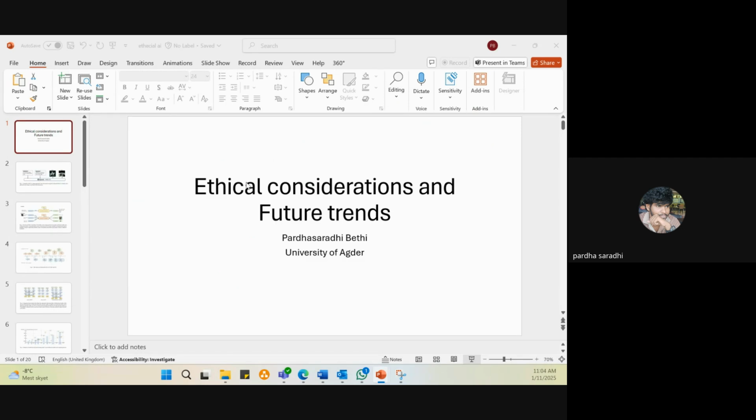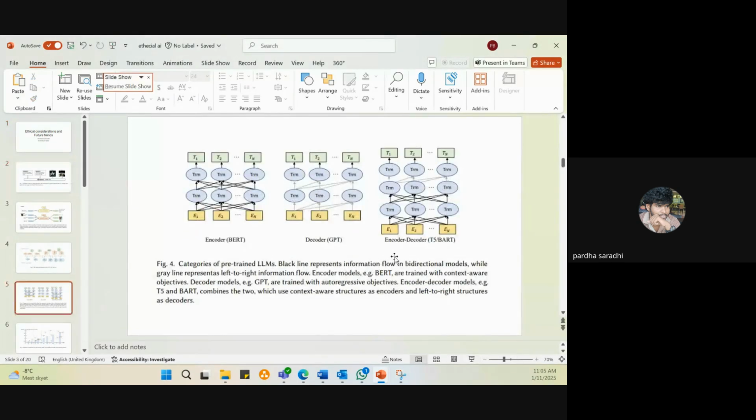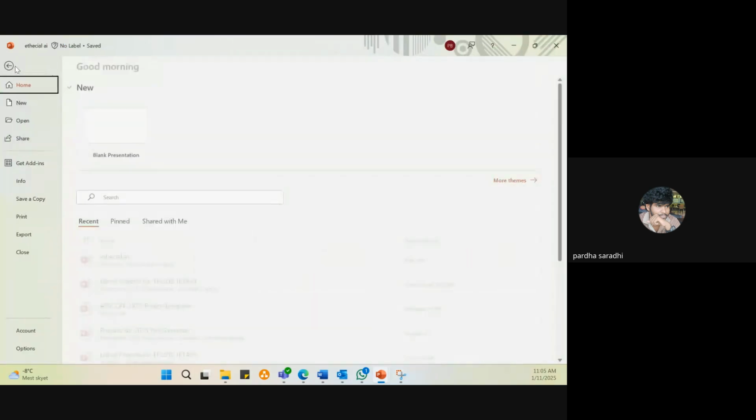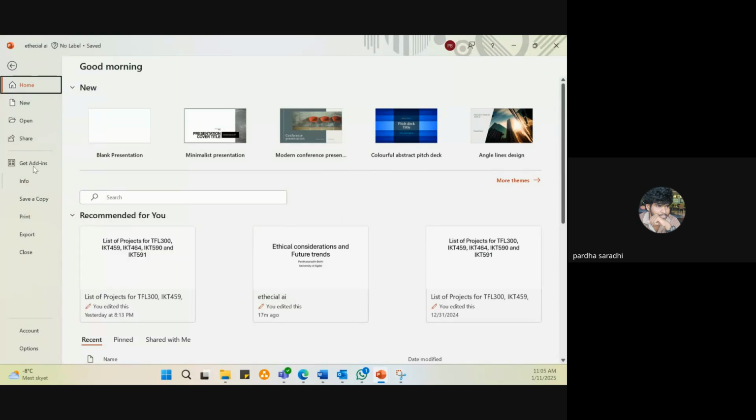Hide presenter view, something like this. No. Yep, for you. Yeah, it's okay. Give me 1 second. I will make it a PDF. That will be easy.